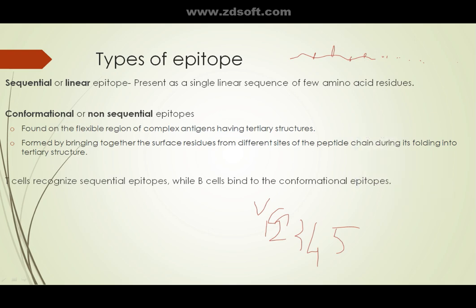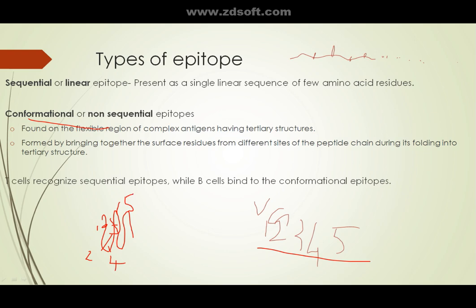Now in conformational or non-sequential type, you do not find this pattern 1, 2, 3, 4, 5, 6 as in sequential, but here it will be like this, something I am briefly drawing. Just consider the sequence 1, 2, 3, 4. I will put here, this is 1, this is 2, this is 3, and this is 4, maybe this is 5.